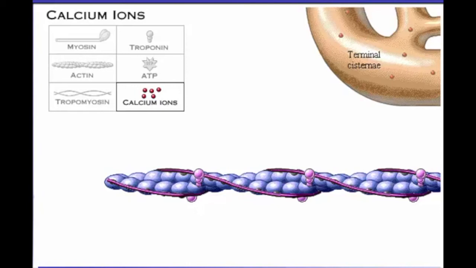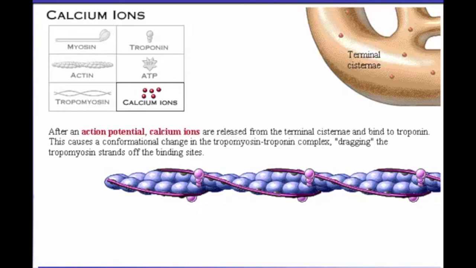This process requires calcium ions. After an action potential, calcium ions are released from the terminal cisternae and bind to troponin. This causes a conformational change in the tropomyosin-troponin complex, dragging the tropomyosin strands off the binding sites.